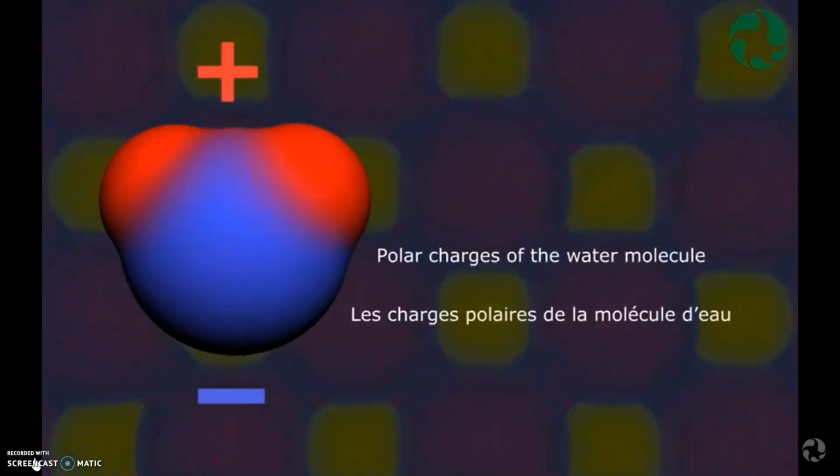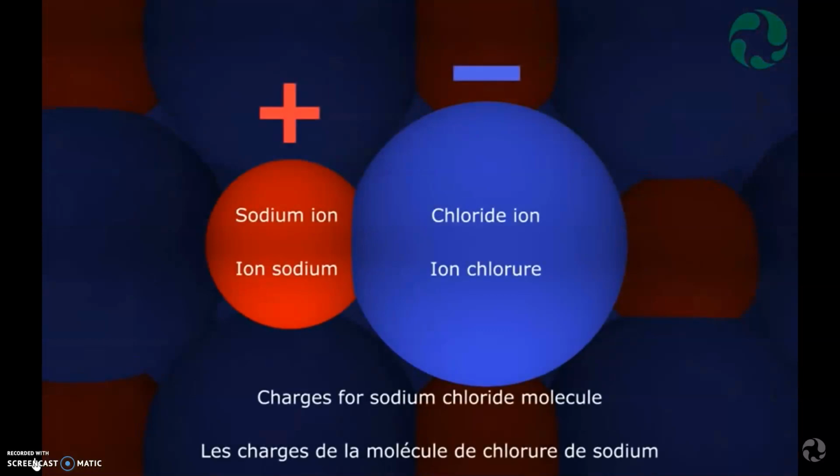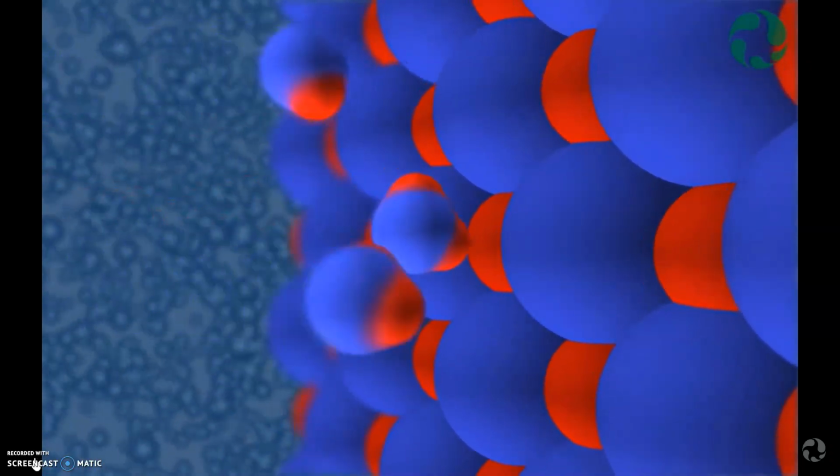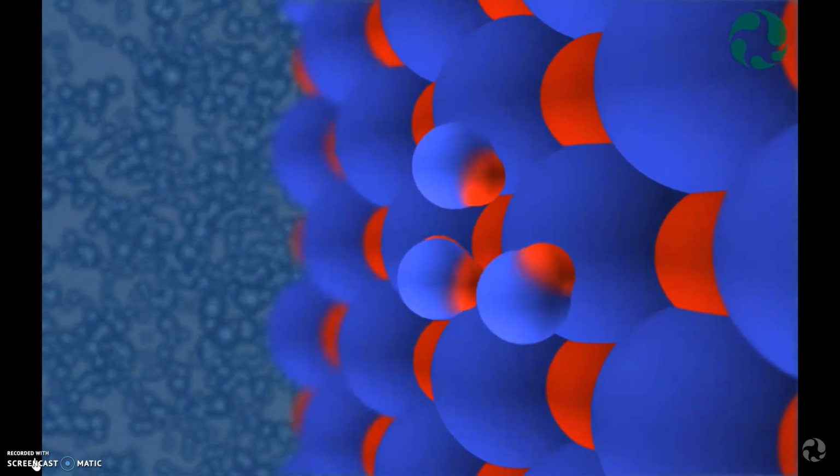And so like I said, water is polar because oxygen is more electronegative than hydrogen, so the electrons are pulled towards that. Sodium, you have the positive cation, which in this case is red, the negative anion. And so take a look what happens when water molecules come close to a salt crystal.